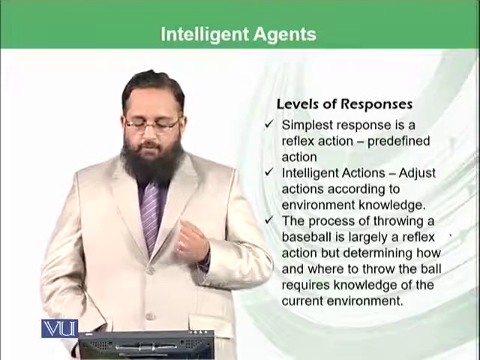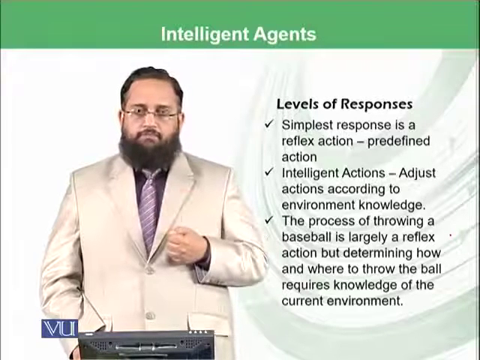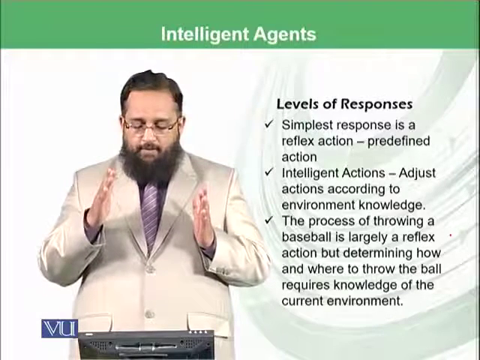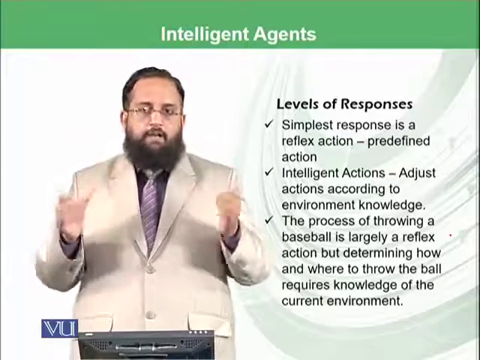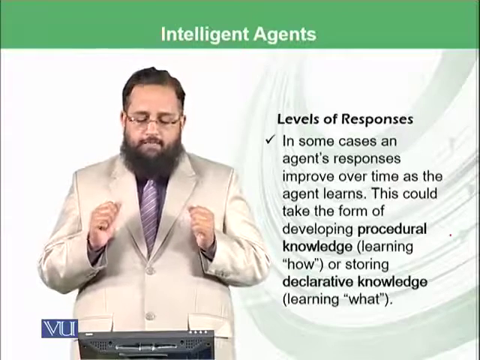For example, the process of throwing a baseball is largely a reflex action, but determining how and where to throw the ball requires knowledge of the current environment. Then there are levels of responses.